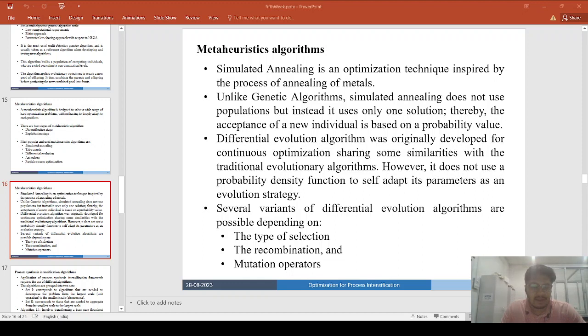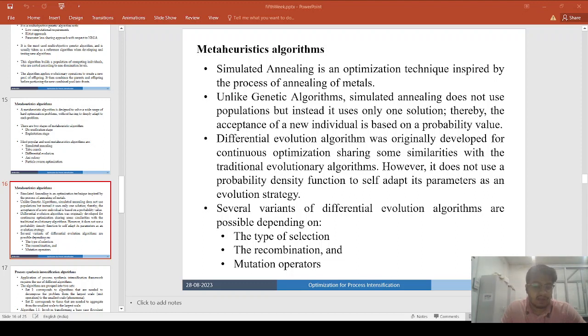Kirkpatrick and others, and Cerny and others, pointed out the analogy between the process and the optimization strategy. So what is the analogy between them? The objective function is represented by the energy of the particles, while the temperature and the cooling path act as the operators.